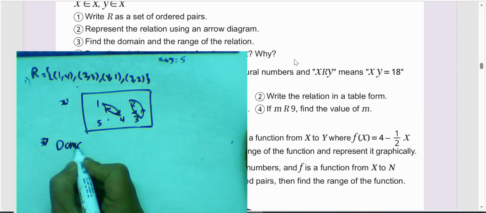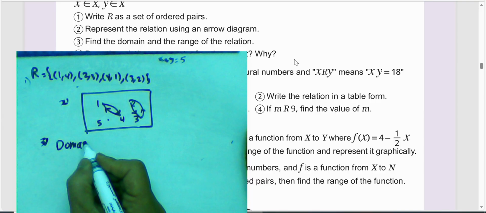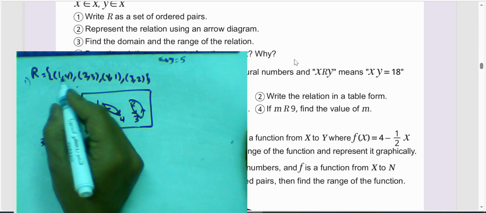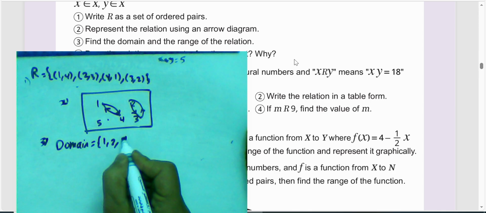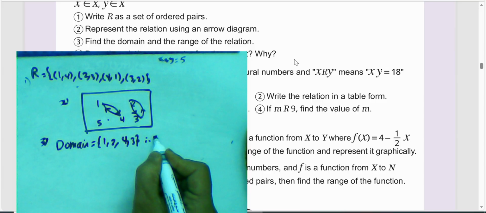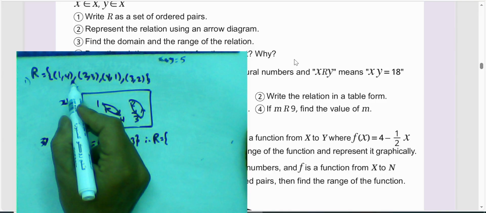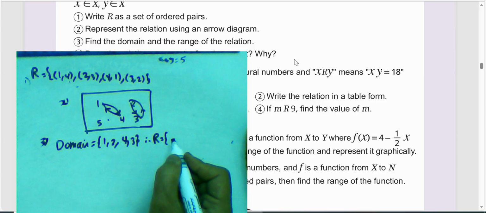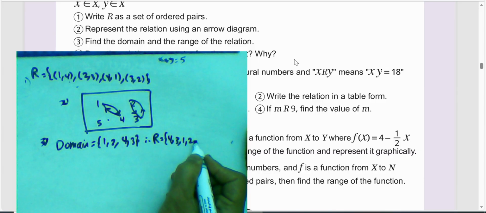Number 3: find the domain and the range. The domain is the first projection: 1, 2, 4, and 3. The range of the relation is the second projection: 4, 3, 1, and 2.